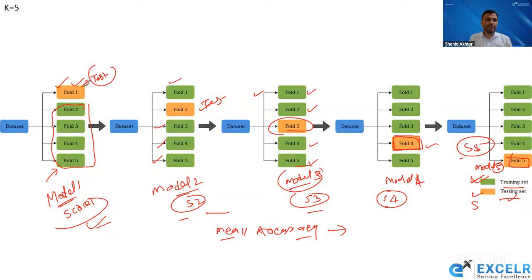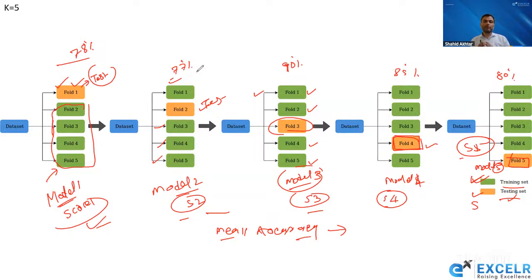It may be that in the first split, of the 5 folds we have split, you get 78% accuracy. In the third one, you get 90% accuracy. Here you get 70% accuracy, then 85%, then 80%.